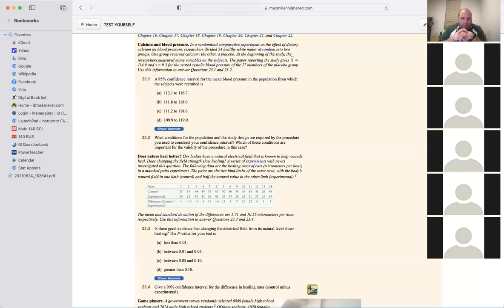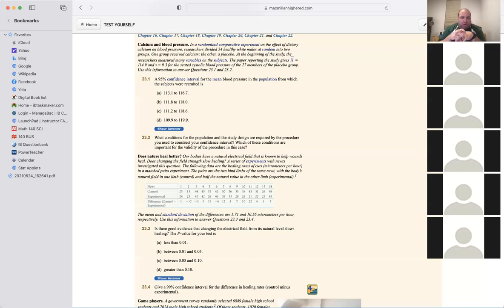Okay, well, first of all, in the two groups, the control group and the experimental group, what are those numbers? They're the control, experimental, the difference. No, but what do the numbers mean? 25 what? 13 what?